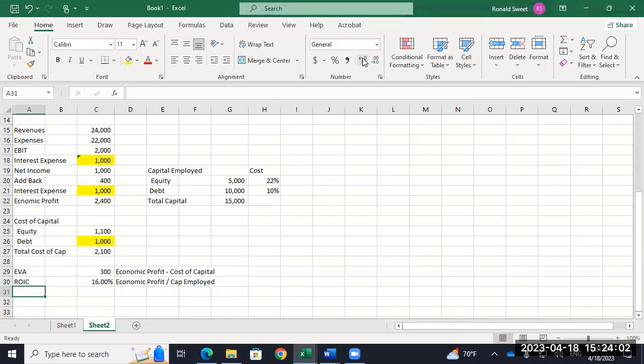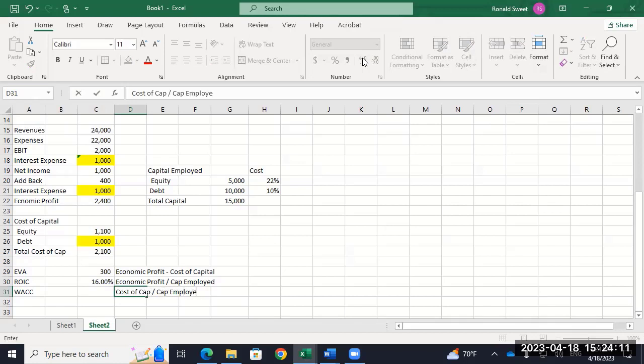And my WACC is my cost of capital divided by capital employed, 2,100 divided by 15 million, or 14%. And my EVA spread then is the 16 minus the 14, which is 2%.